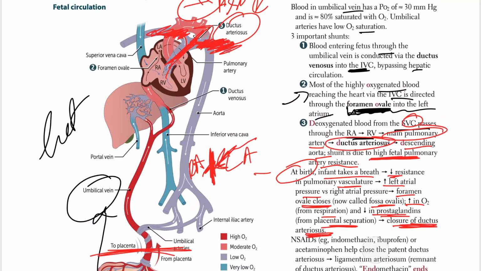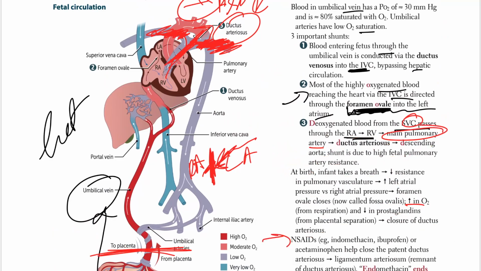Now, if that doesn't close, then you can give NSAIDs, which is indomethacin, ibuprofen, or acetaminophen, to help close that patent ductus arteriosus, which leads to formation of the ligamentum arteriosum, the remnant of the ductus arteriosus. Indomethacin ends the PDA. What is the NSAID or indomethacin doing?